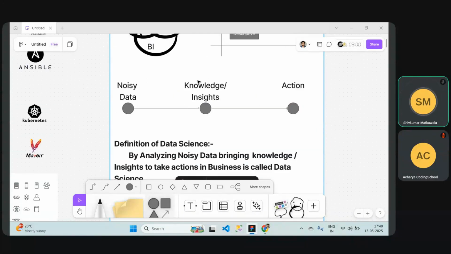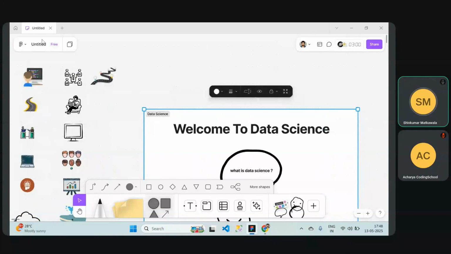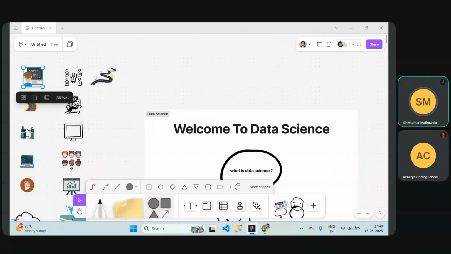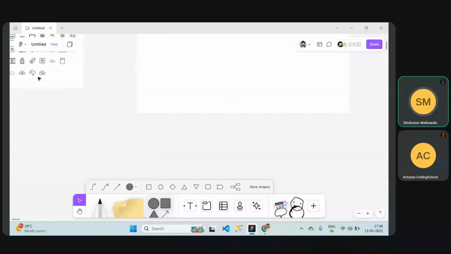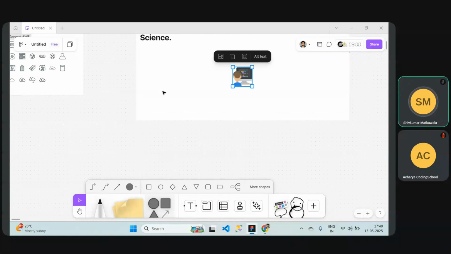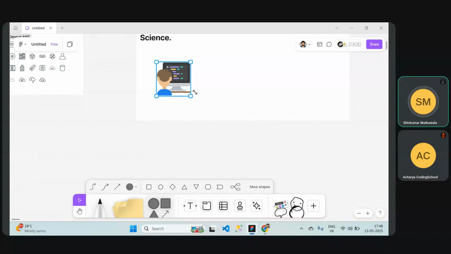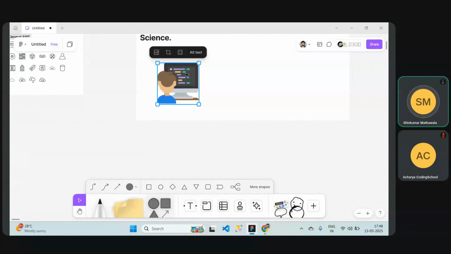So when you go to the industry, you definitely find people who call themselves data engineers. Their work is to acquire data. We are always talking about data, but where is the data?